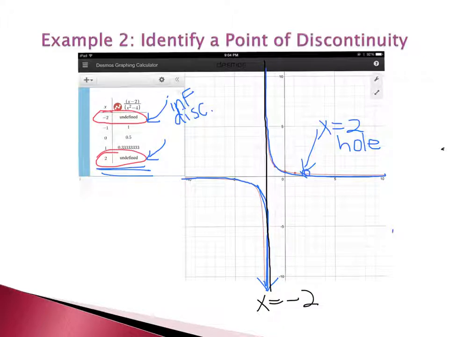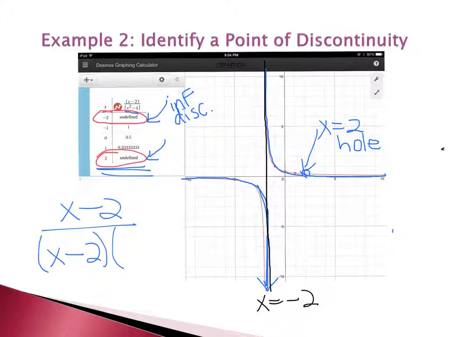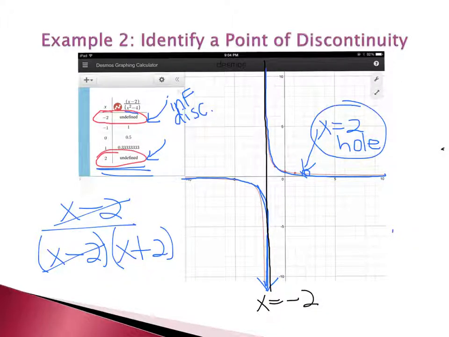And it's removable, remember, because we had x minus 2 on top, and when we factored our denominator, x squared minus 4 factors into x minus 2 and x plus 2. Well, these x minus 2's cancel out, removing the discontinuity and putting a hole in the graph to represent that removable discontinuity.